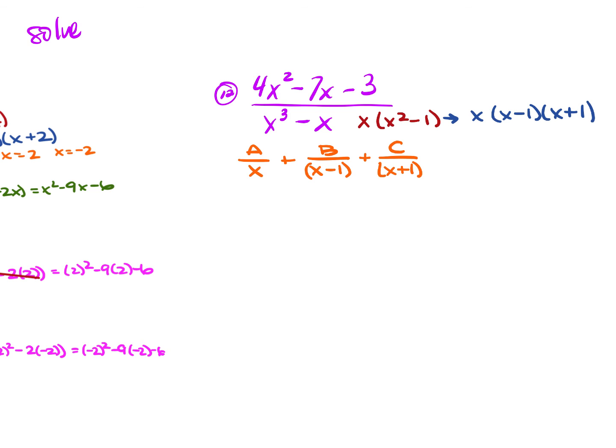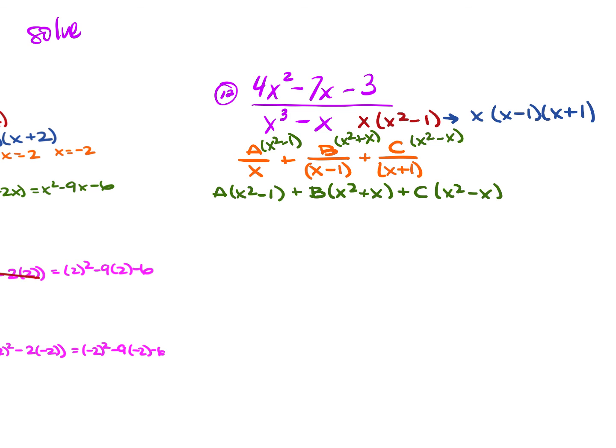We're going to multiply the x by x squared minus 1. The x minus 1 gets multiplied by x squared plus x, and the x plus 1 gets multiplied by x squared minus x. So this is going to give us a times x squared minus 1 plus b times x squared plus x plus c times x squared minus x is equal to 4x squared minus 7x minus 3.